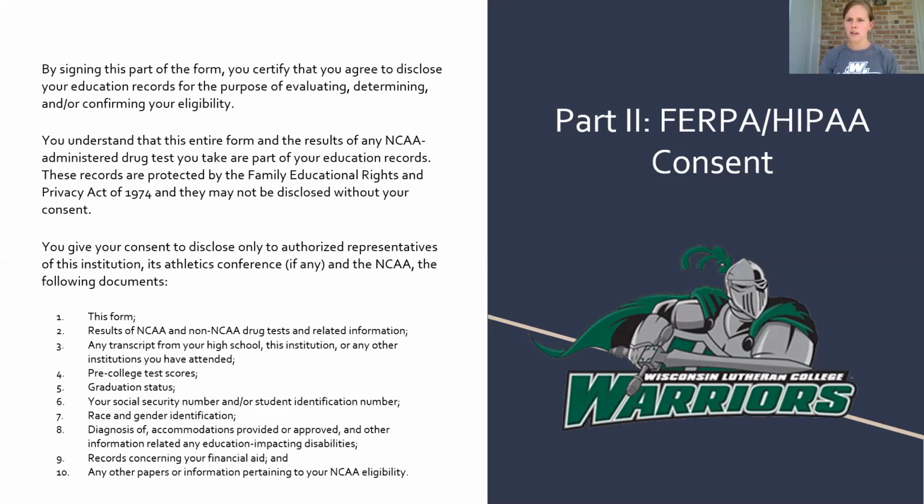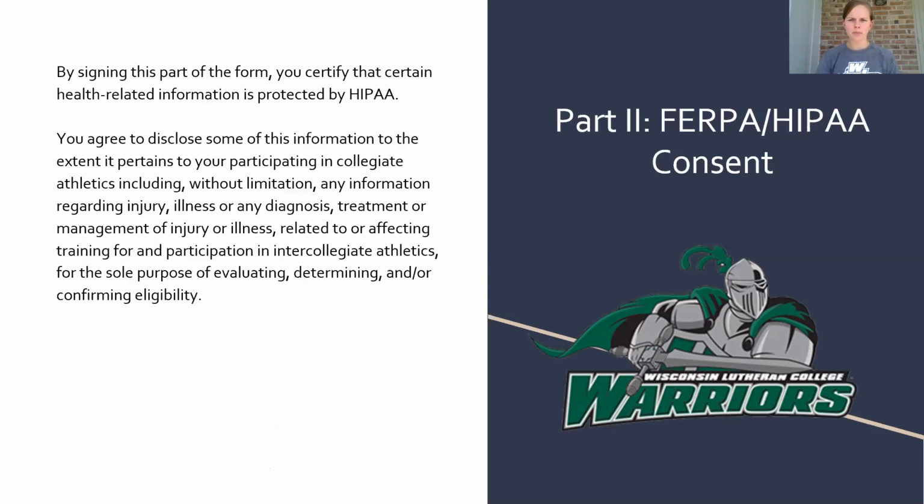Things that would be included in that are this form, results of any NCAA or non-NCAA drug tests, your transcripts, pre-college test scores, graduation status, social security number and student ID, race and gender identification, any education impacting disabilities, any records concerning your financial aid, and anything pertaining to your NCAA eligibility.